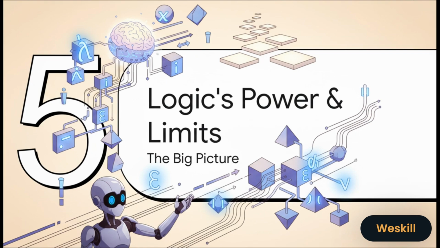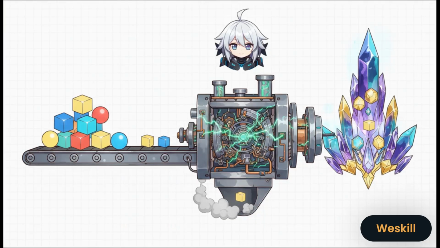So let's just step back for a second and look at what we've actually built here. We've taken our AI on this journey from knowing absolutely nothing to being able to represent and reason about pretty complex ideas using formal logic. We started with those basic building blocks, propositional logic. Then we gave our AI a way to actually think, to infer new truths using model checking.